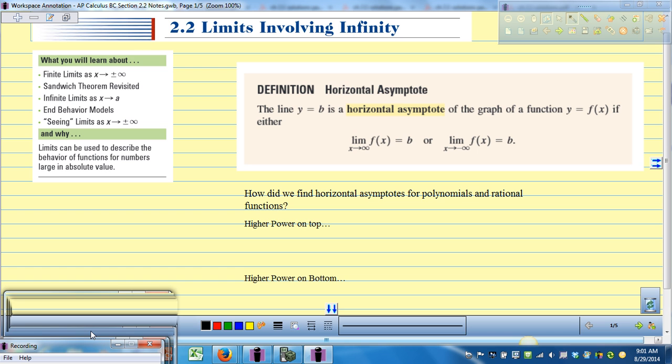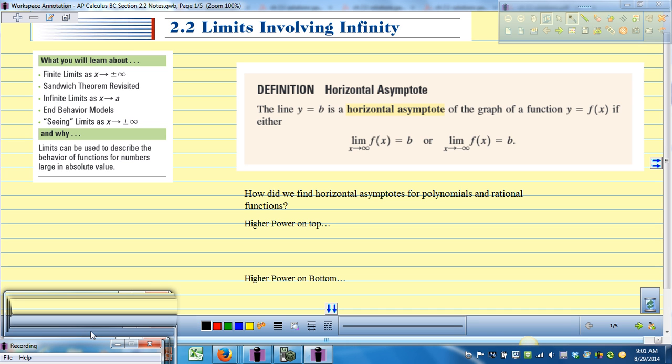All right, if we're talking about limits involving infinity, why are we beginning with horizontal asymptotes? You've done horizontal asymptotes in pre-calculus. How is that related to a limit? Because it's a line that the function never actually touches, so it acts as a limit to the function.